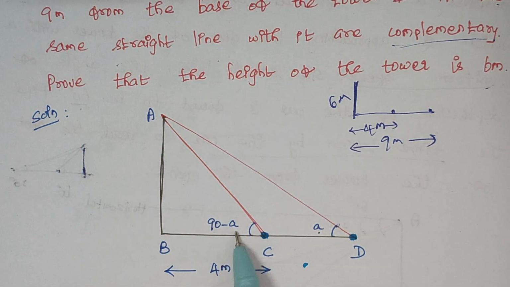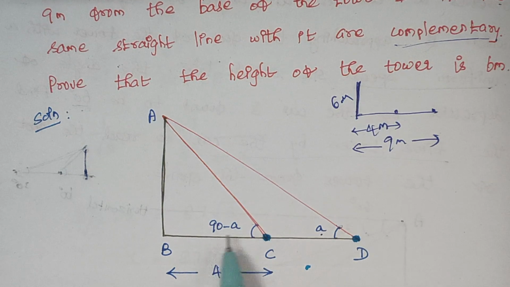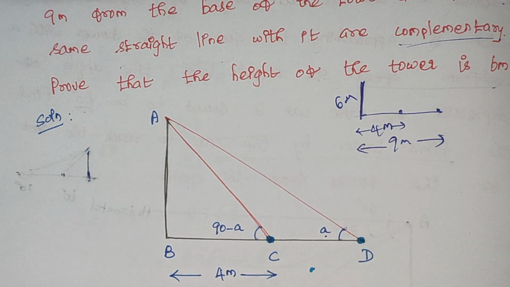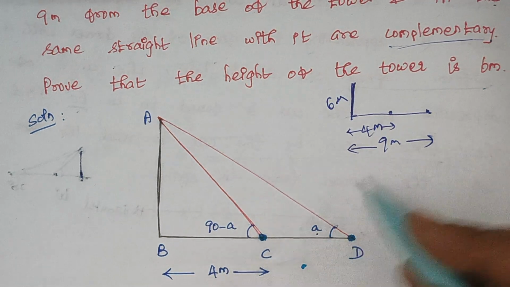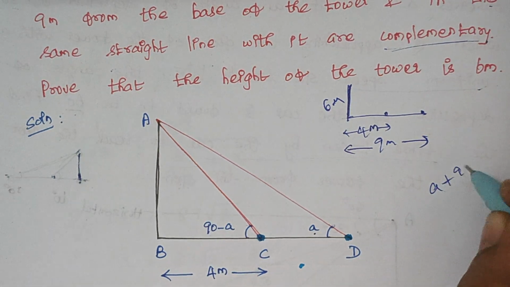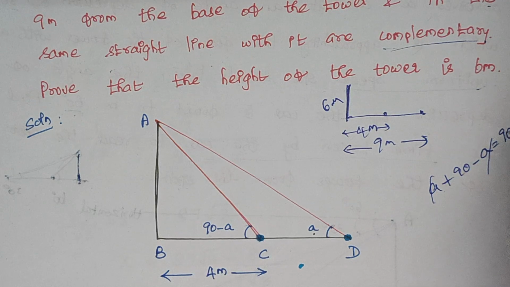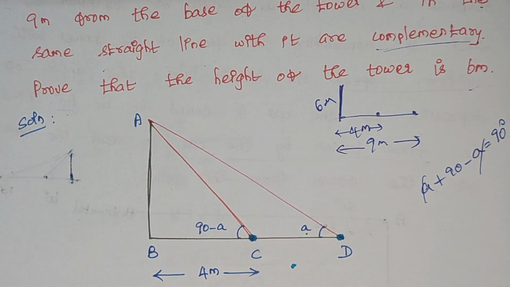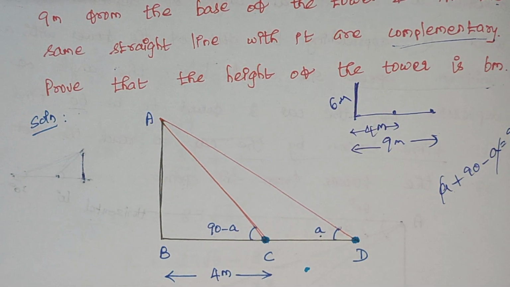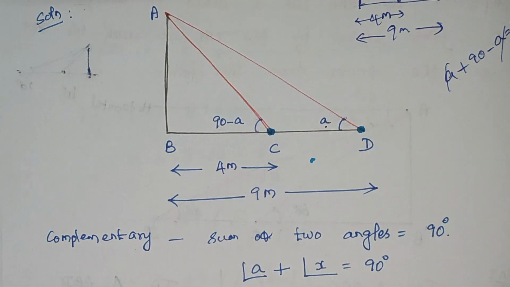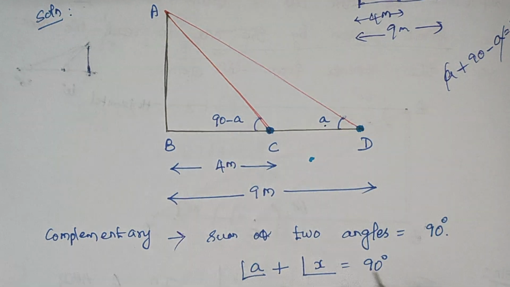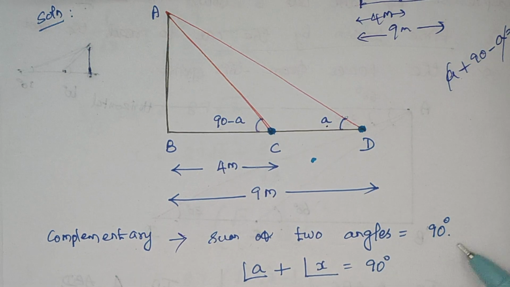It should be 90 minus A, because once you add these 2 values, you should get 90 degree. So A plus 90 minus A: this A and A will cancel and finally we get 90 as answer. So complementary is nothing but the sum of 2 angles is 90 degree.